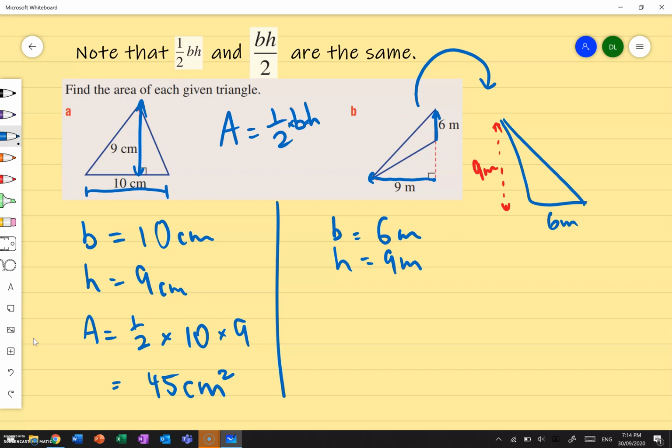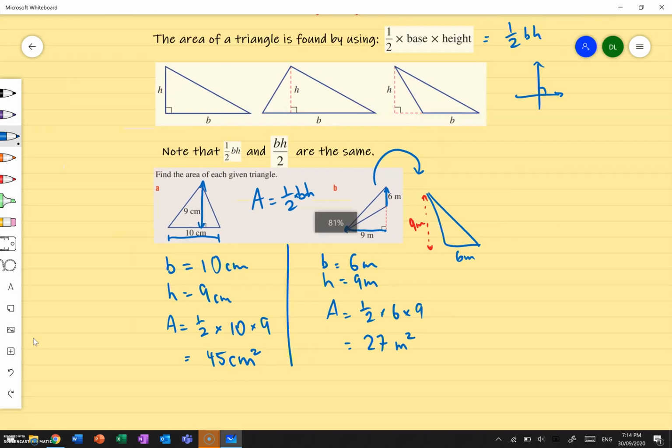So the area equals half times base, which is 6, times height, which is 9. Half of 6 is 3, times 9, so 3 times 9 is 27, which gives me 27 meters squared. Alright, best of luck.